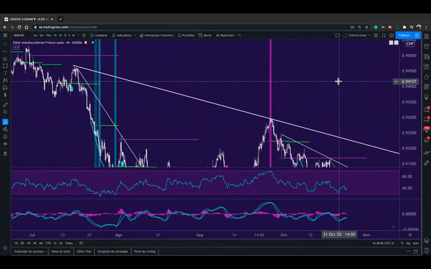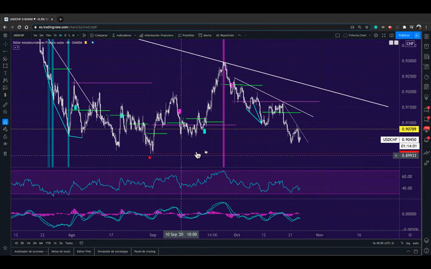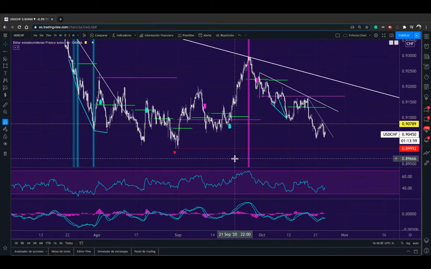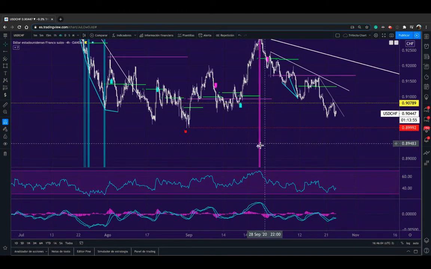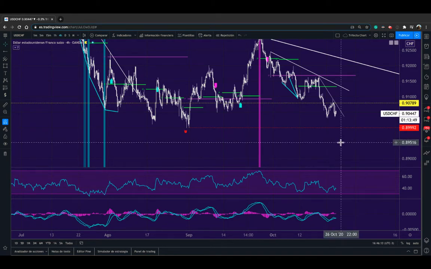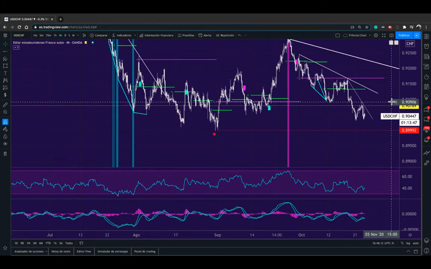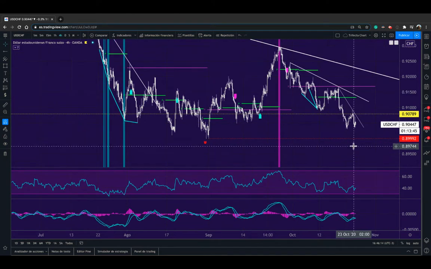A lot of things are going on with this setup. The most important thing is that we are going to be out if we break the red level of 0.8999. That's the only key part, the only strong level that we have to consider.